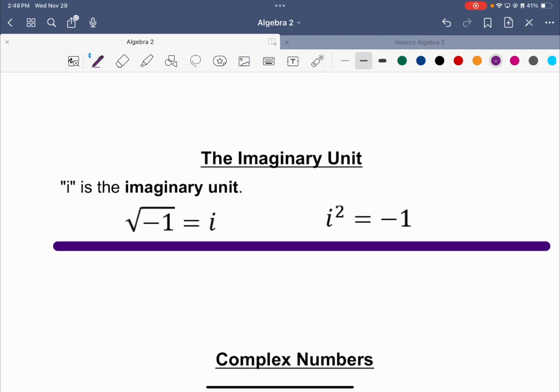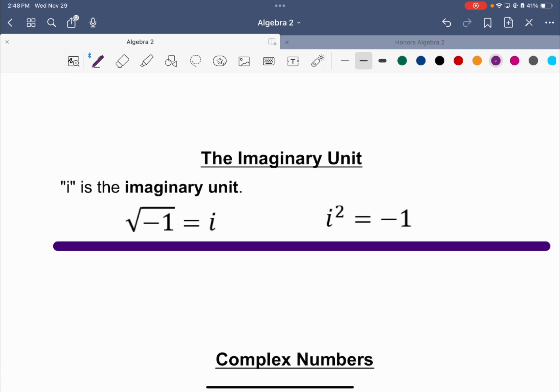Now, the next two things that are sitting there need to be highlighted, starred, circled, bolded, written bigger, all of that kind of stuff, because you need to know those two things. That the square root of negative 1 is i, and i is the imaginary unit.